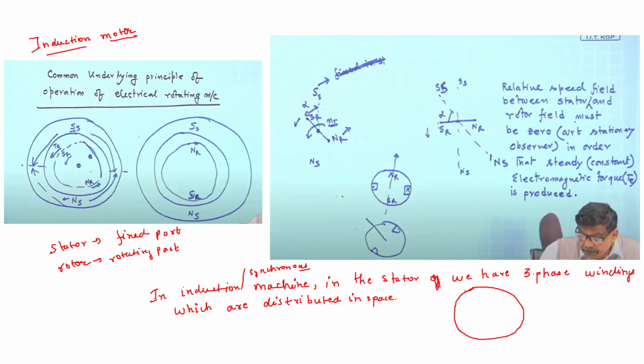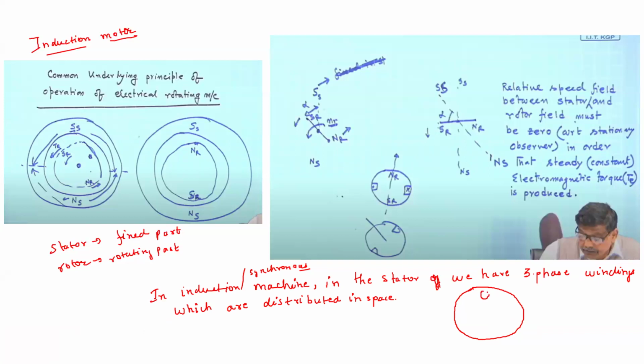Suppose we have A dash, A, B, okay, this is not B, this is C. Let us use some conventional colors for the three phases, so that you will understand that these are the three phase windings which I'm distributing in space.